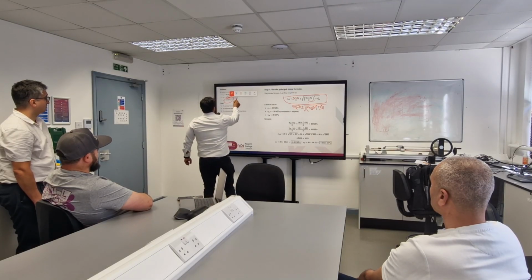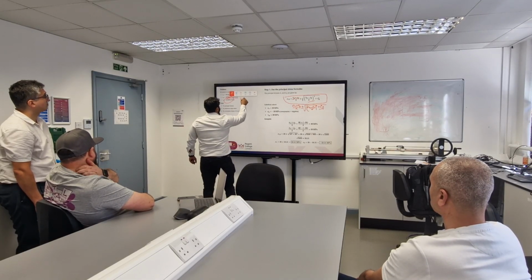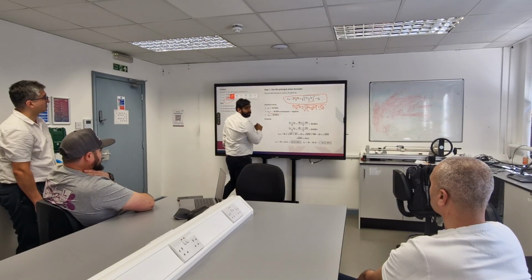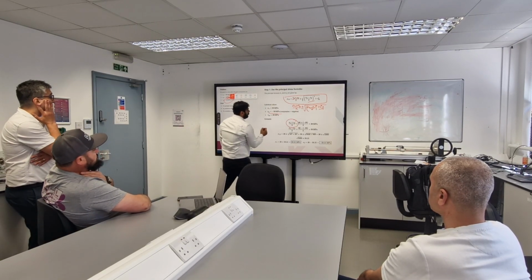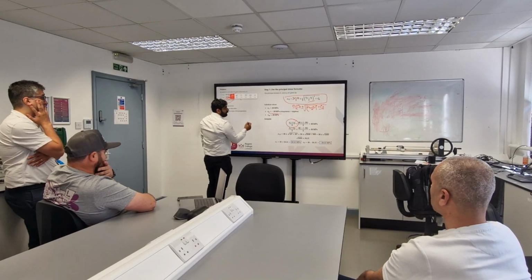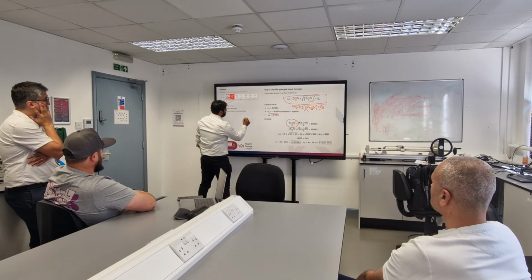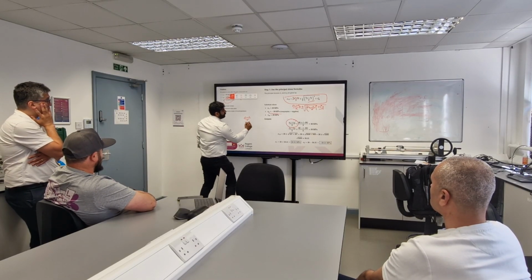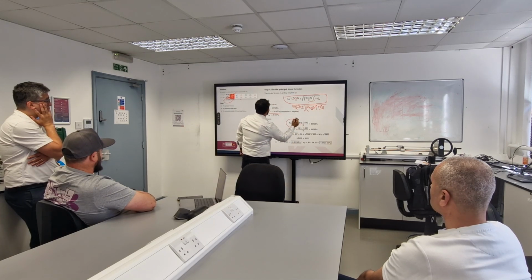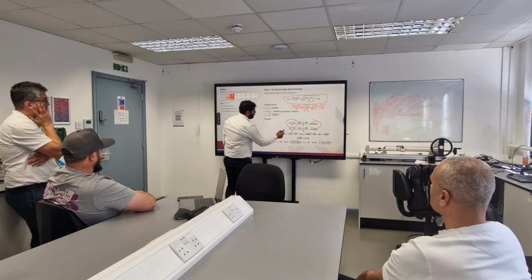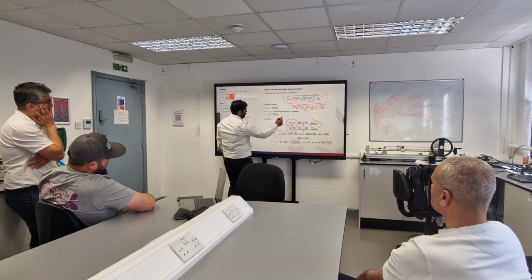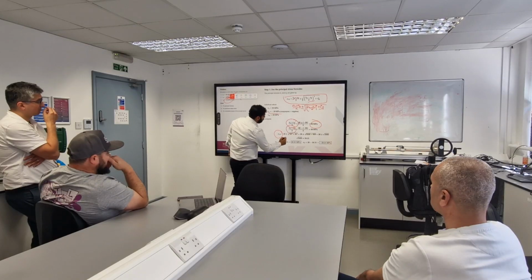Here it is a compressive stress, so it will have the negative sign. So we put the negative sign over there, and first we get the average of the normal stress, sigma x plus sigma y by 2. It is 80 plus minus 20 by 2, which is 30 megapascals. Now we calculate the principal stress maximum and minimum.